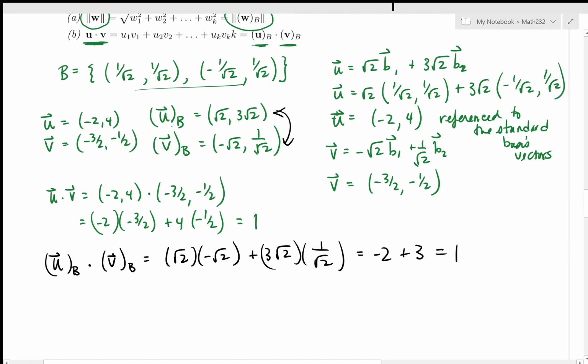So that is what the theorem is telling us: when you're calculating a norm or a dot product, it doesn't matter to which basis the vector is referenced.